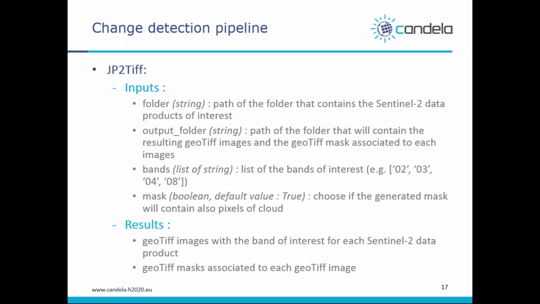You can also pass as an option a list of the bands that you are interested in. So we are not limited to RGB or RGB NIR. You can pass any combination of bands that you are interested in, as well as a Boolean mask, if you have some kind of classification or something that allows you to really focus on the area of interest for your application.